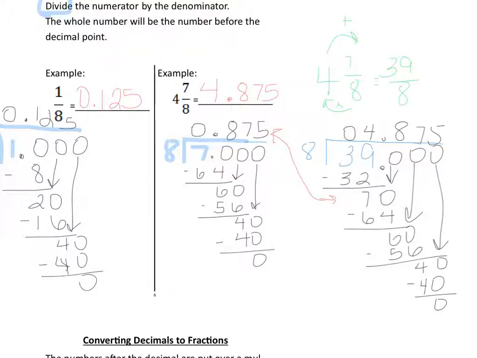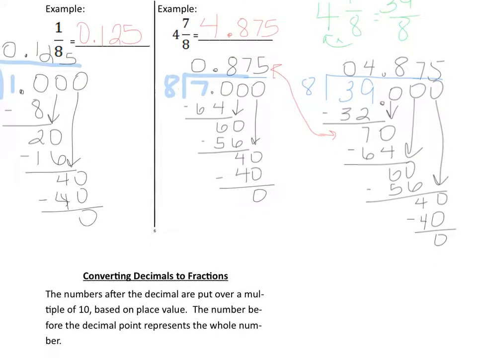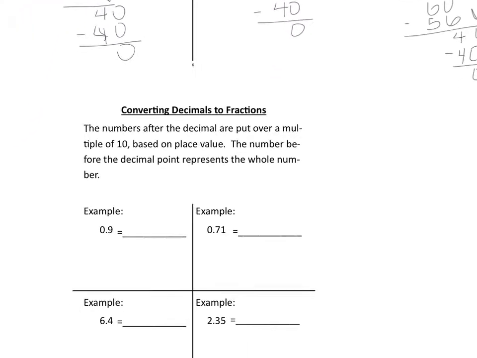Again, if you know a different way to divide, that's fine, but just know that there's more than one way to divide this. Now let's take a look at the one that's a little bit easier, which is converting decimals to fractions.